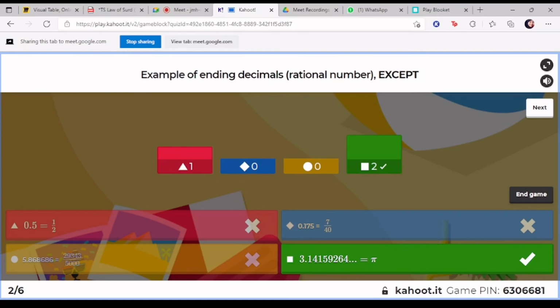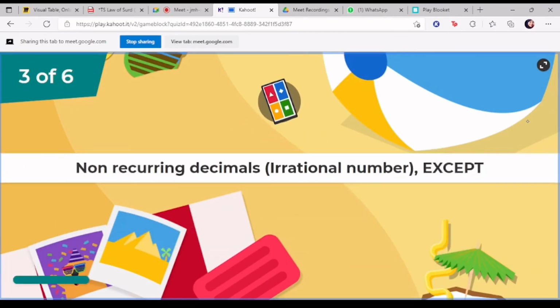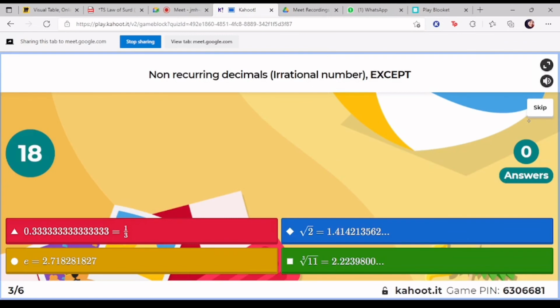Yes, the answer is 1. Ending decimals are rational numbers. Pi is not, pi is an irrational number. Later you have to check again your slides, your notes. Okay, third question. Non-recurring decimals. Irrational numbers except.